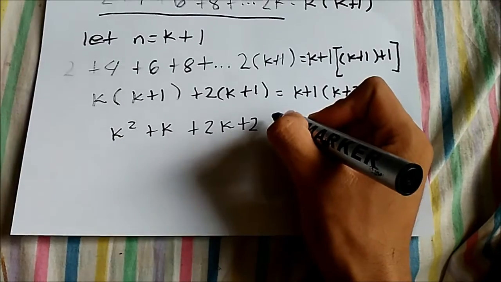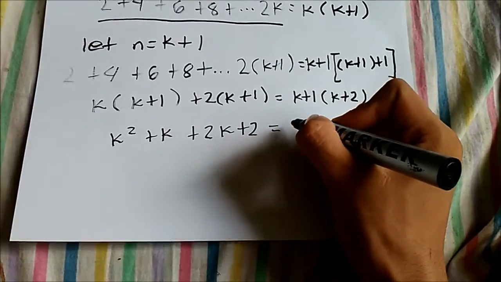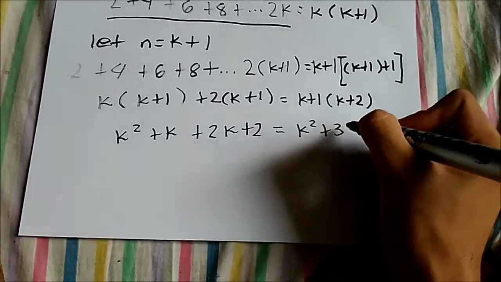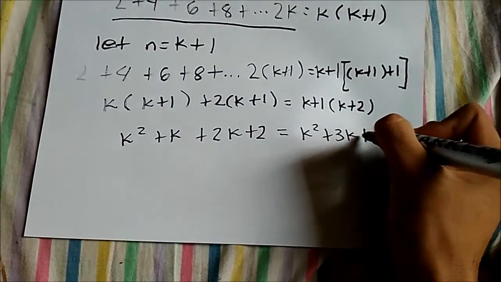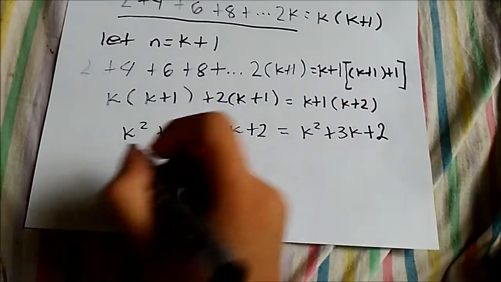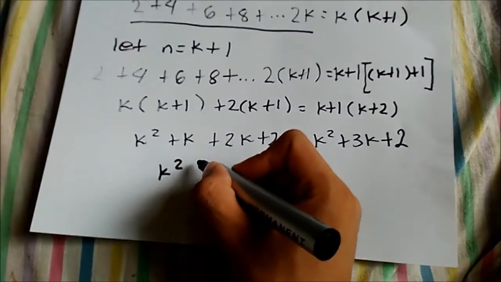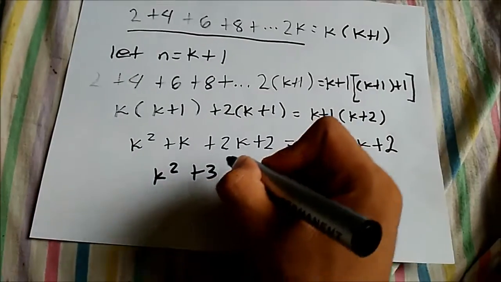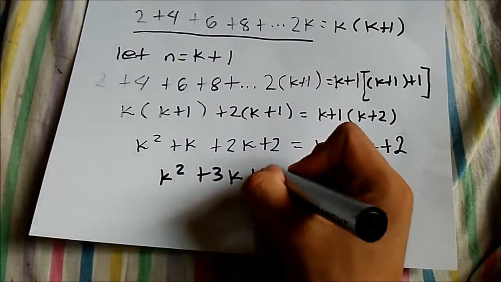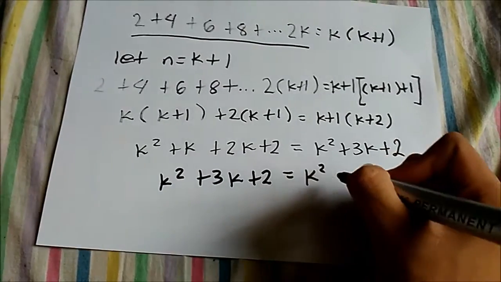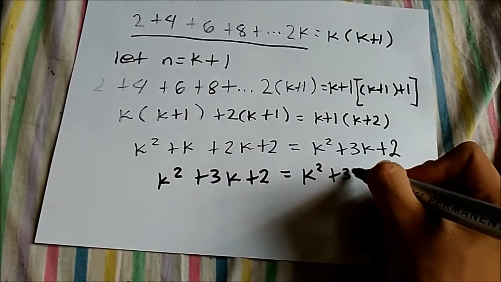Is equal to k squared plus 3k plus 2. Then simplify it again. K squared plus 3k plus 2 is equal to k squared plus 3k plus 2.